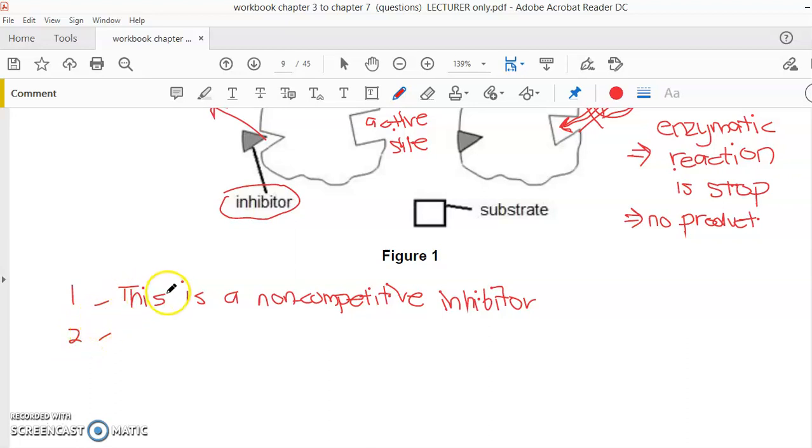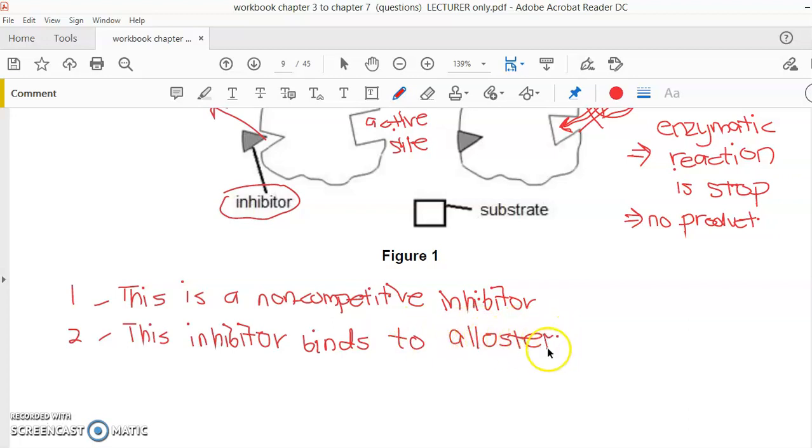And then this inhibitor binds to the allosteric site of this enzyme.